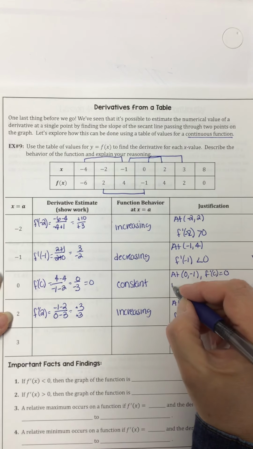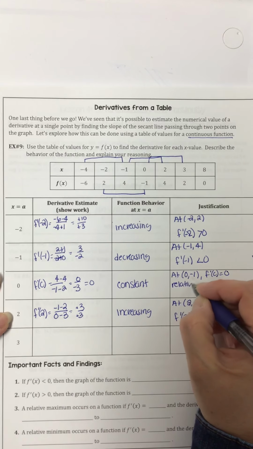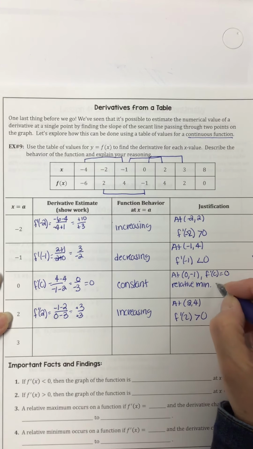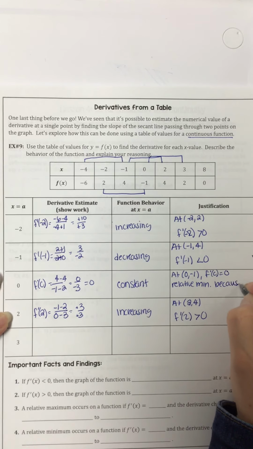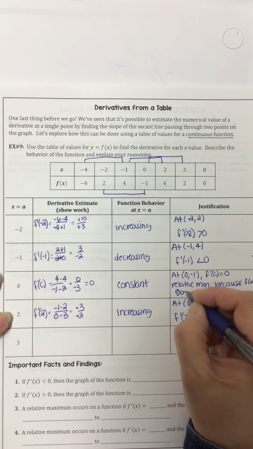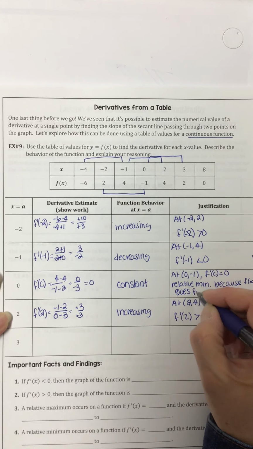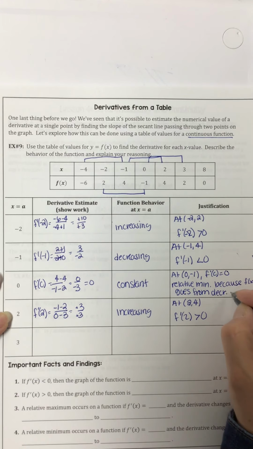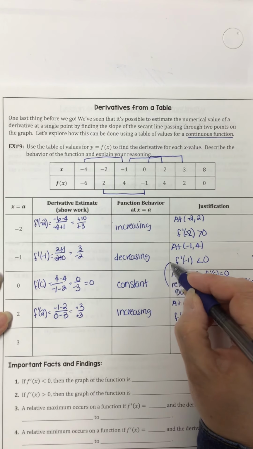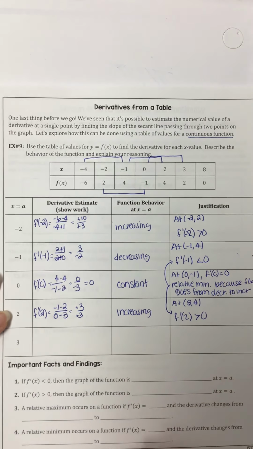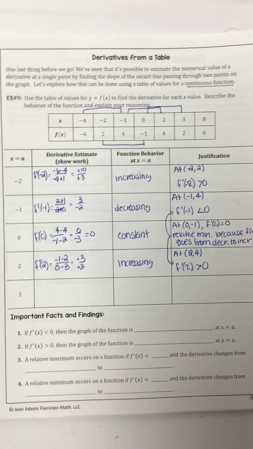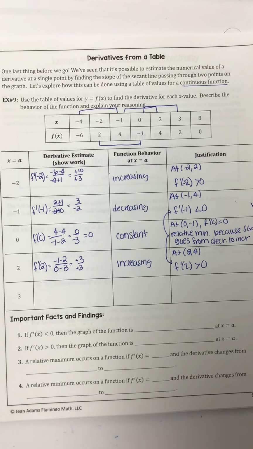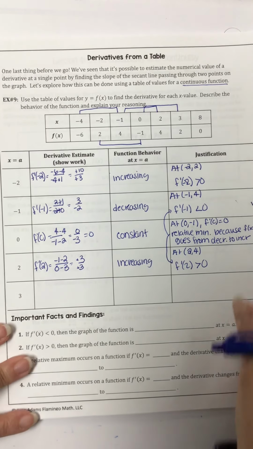So that means that we're going to have some sort of relative minimum because f of x goes from, what, decreasing to increasing. So we had to use both this and this to figure that out, though, right? We knew something was going on, but it's a minimum because we went from decreasing to increasing.